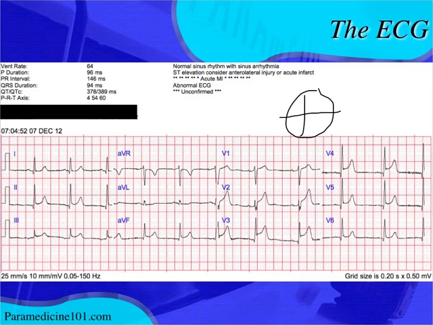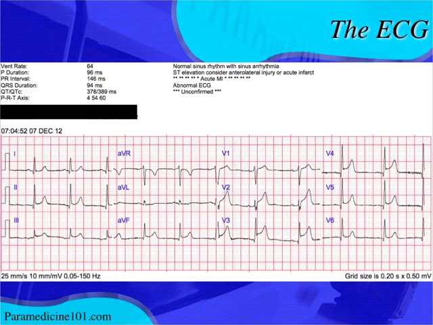Lead 1 is positive, so you'd shade out the negative side of lead 1. aVF is positive, so you'd shade out the negative side of aVF. And then this is the normal quadrant right there. If you don't know or understand that, at the end of this case review you'll see a little video link in the bottom right for the ECG axis tutorial that I've done, and you can go ahead and watch that if you're interested.